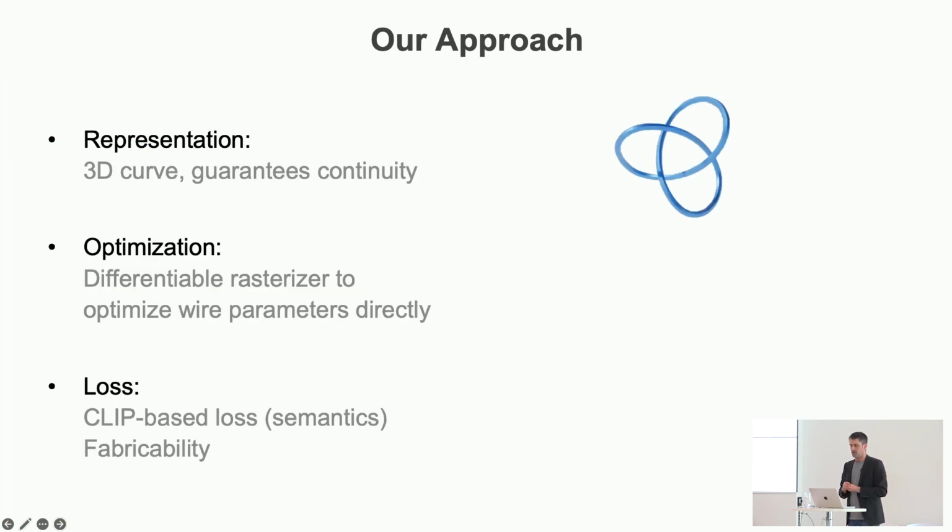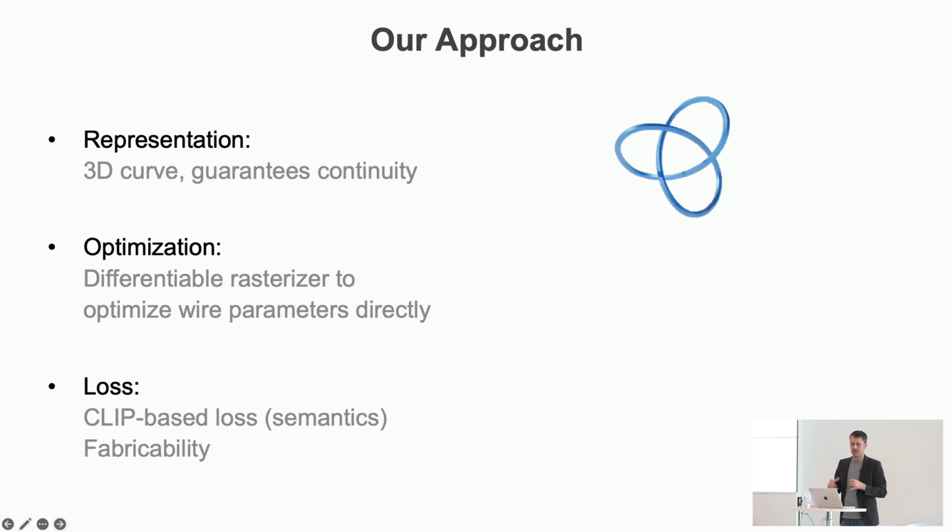So what we do is, in terms of representation, we try to get the curve through a continuous optimization. As a representation, we have a continuous 3D curve, and we start with something like, for example, this loop here.